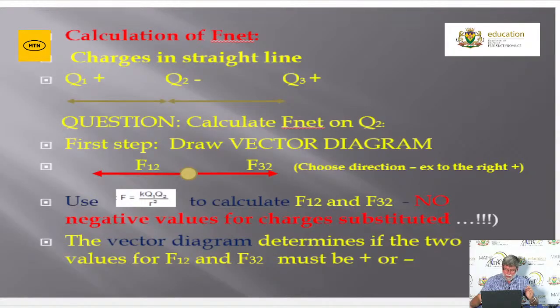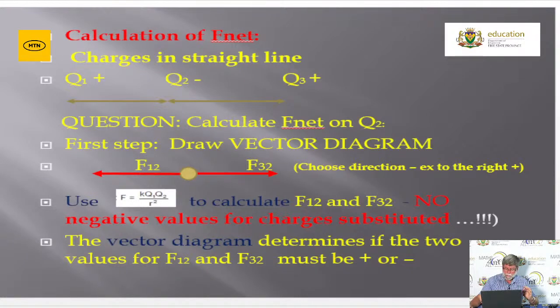The next thing I must emphasize, please don't substitute negative values for charges into Coulomb's law. The definition says it's the product of the magnitudes of the charges. So you mustn't substitute, say for instance, -3 times 10 to the power -9.